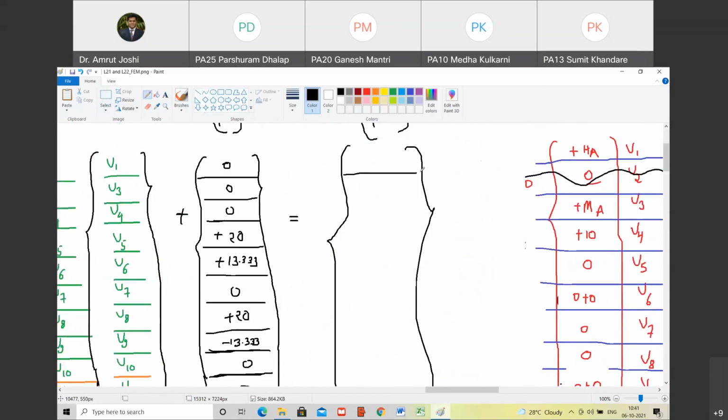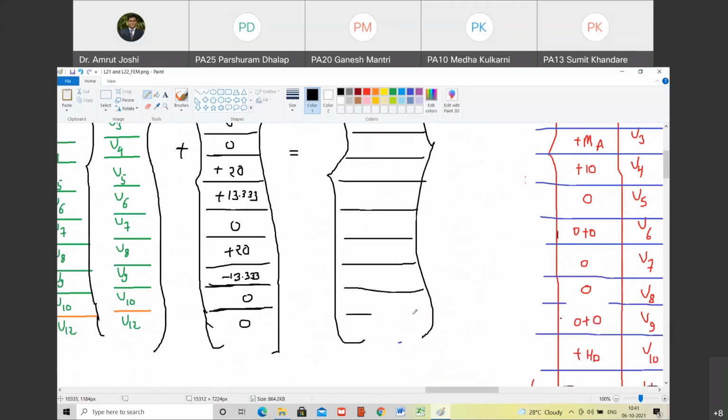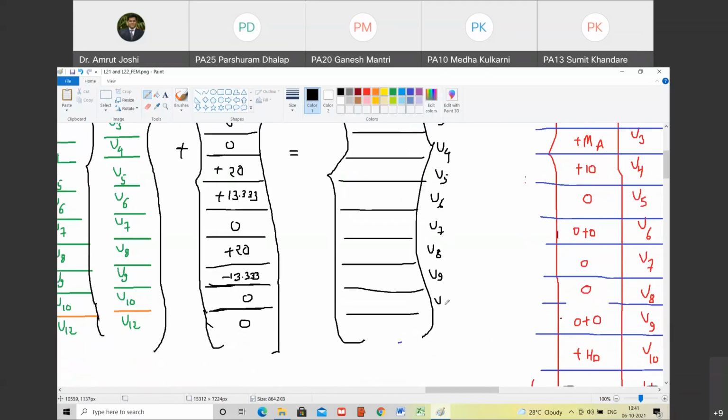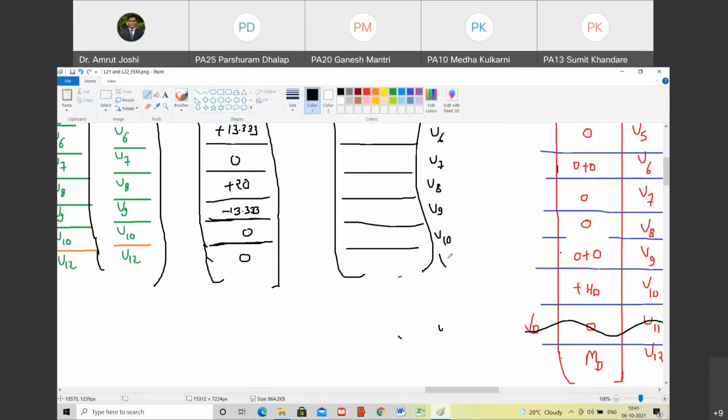And first, second, third, fourth, fifth, sixth, seventh, eighth, ninth, and tenth. I will write down the degrees of freedom here for understanding. U1, U3, U4, U5, U6, U7, U8, U9, U10, and U12. Are you with me?